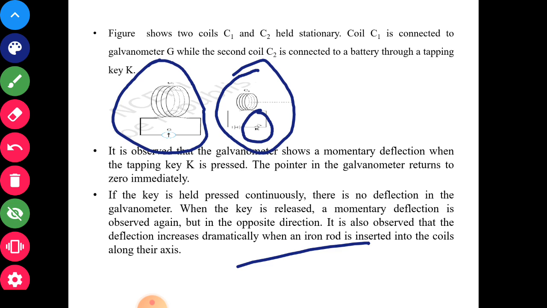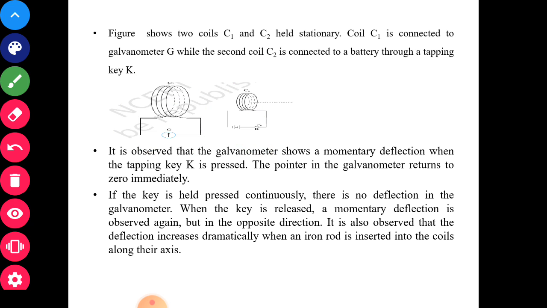When the key is released, a momentary deflection is observed again, but in the opposite direction. It is also observed that the deflection increases dramatically when an iron rod is inserted into the coils along their axis. So these are the observations.